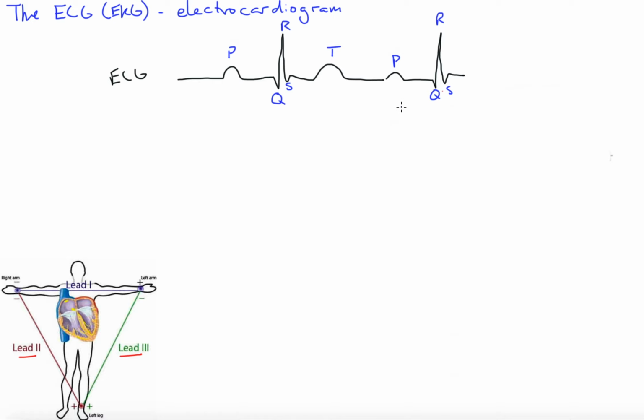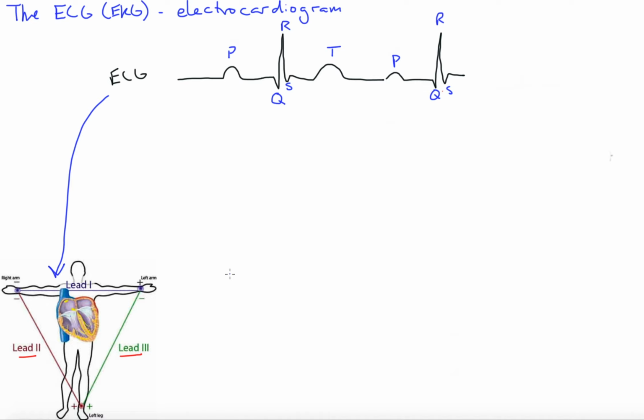Now, where are these waves coming from? Well, this ECG trace comes from putting electrodes somewhere on the body. A very common one is lead 2, but it doesn't matter which one we pick here. If we look at lead 1, we're going to put the electrodes on the left arm and the right arm, and compare the difference that those electrodes measure. Now remember, you conduct electricity exceptionally well. So the dipoles that are created aren't limited to within the heart muscle itself.